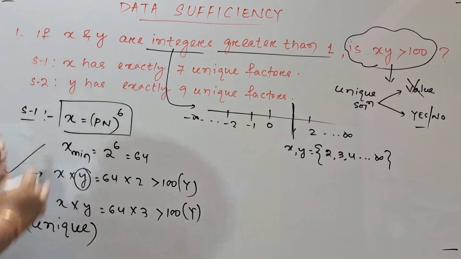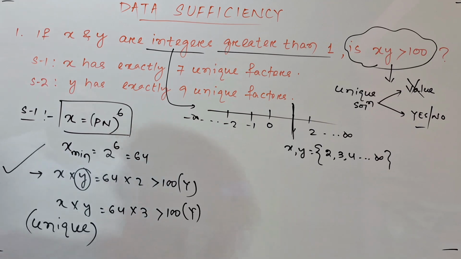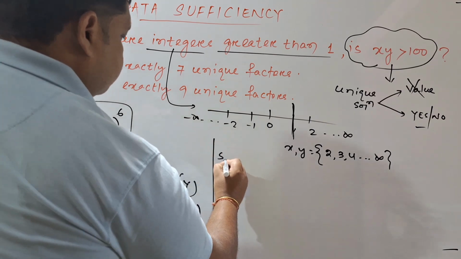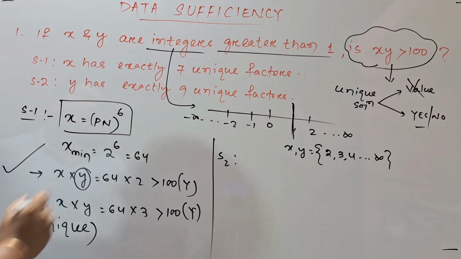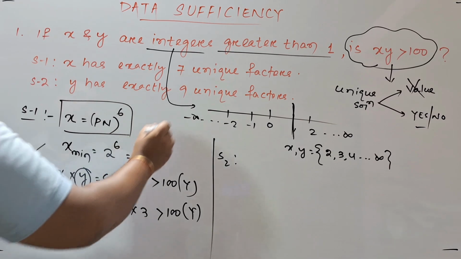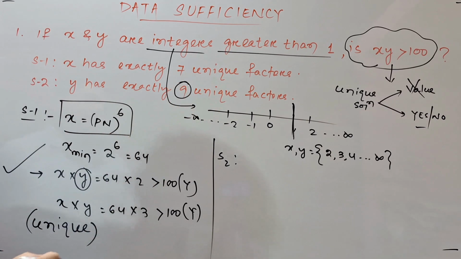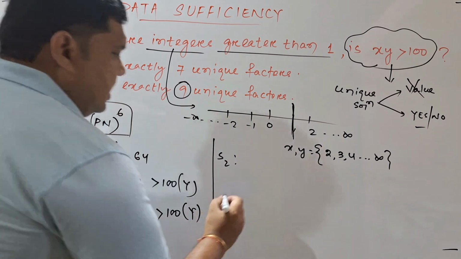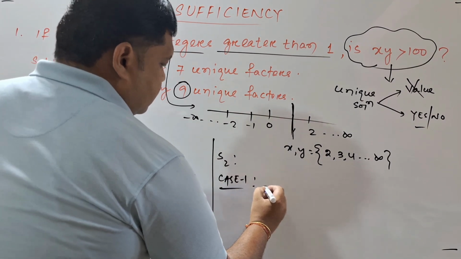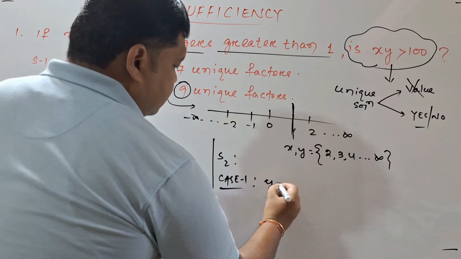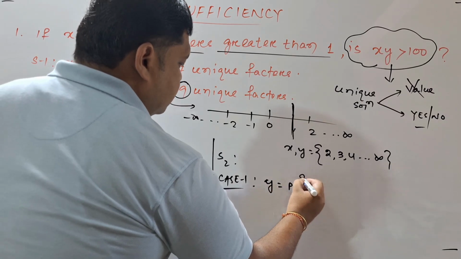Done. Now I am going to check statement number 2. For statement 2, it is given y has exactly 9 unique factors. Achha, 9 factors means you have two choices. Case number 1: y is equal to any prime number to the power 8.